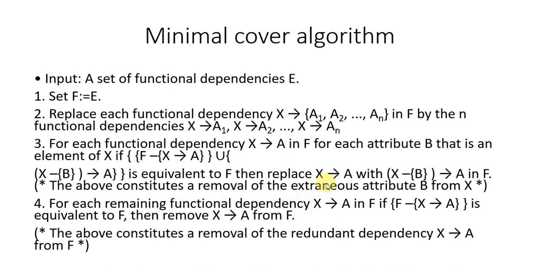Consider one example here. F is the set of functional dependencies B to A, D to A, and AB to D. Okay, so we need to find out the minimal cover, or minimal set of functional dependencies. And the first step is that it should be in canonical form.